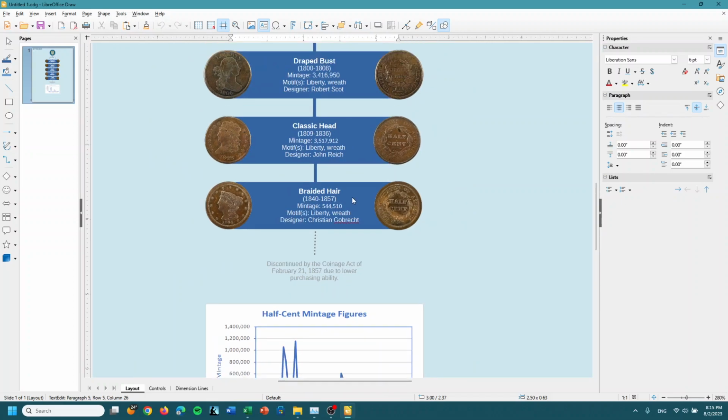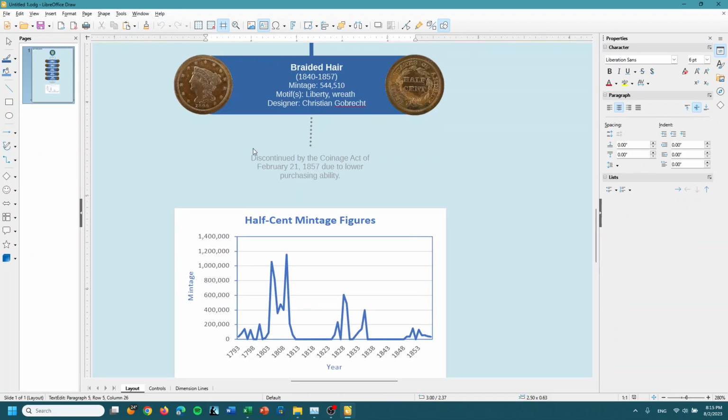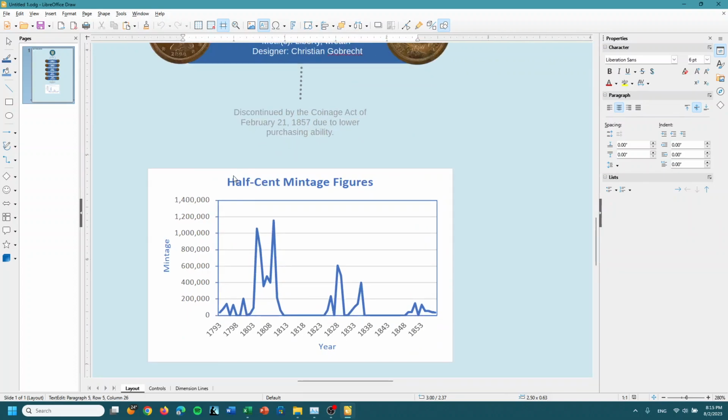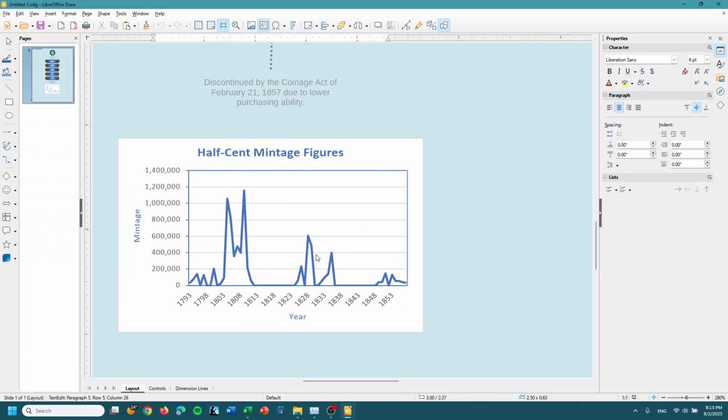So next up I have here is the mintage figures. So throughout the lifespan of the halfpenny, these were the mintage figures. You can see they're most popular from around 1803 till around 1813.